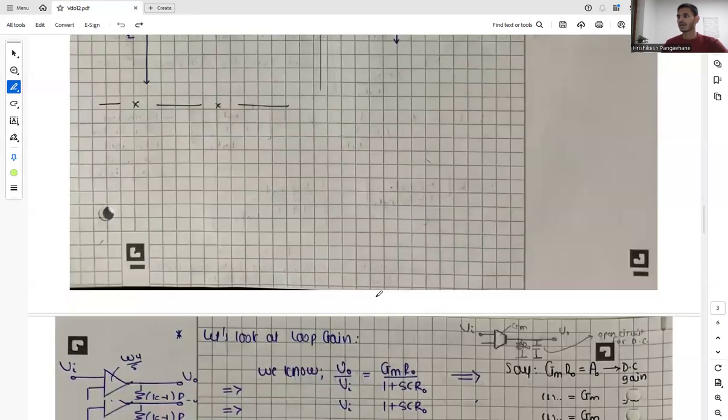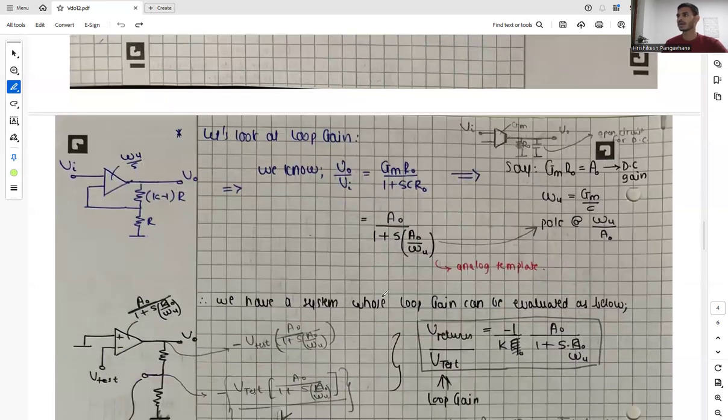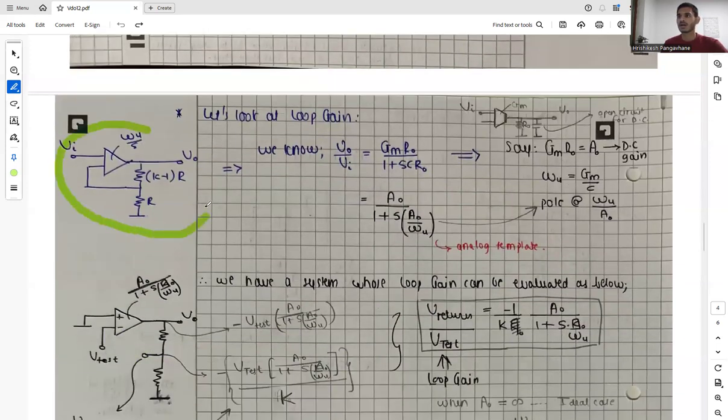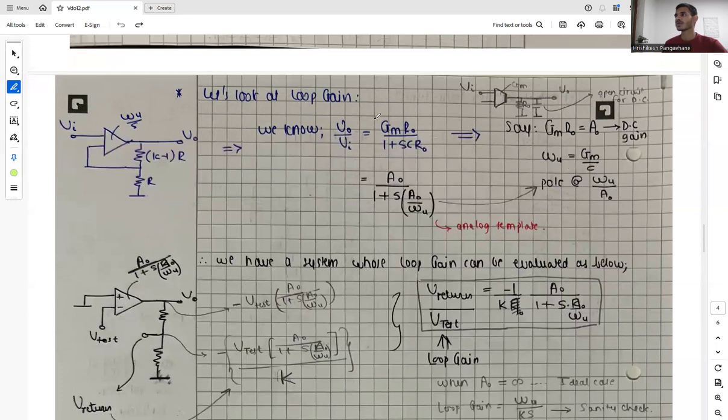Okay, so now let's look at the loop gain. We have our opamp loop with negative feedback, and we have omega u by s as a characteristic of our opamp. We know that the transfer function is gm r naught divided by 1 plus S C R naught. Let's look at the structure. For DC, the capacitor is an open circuit, and our current will flow through R naught.